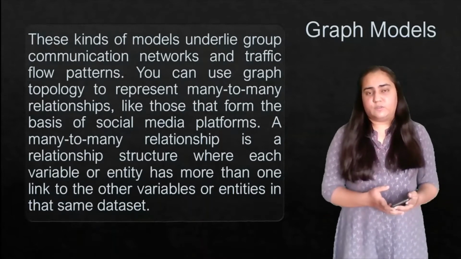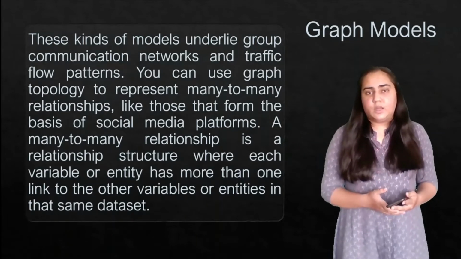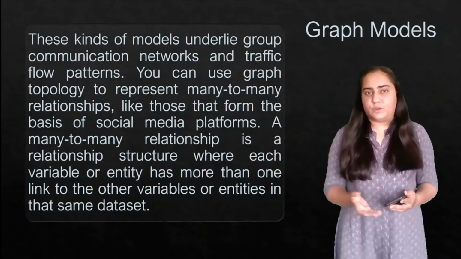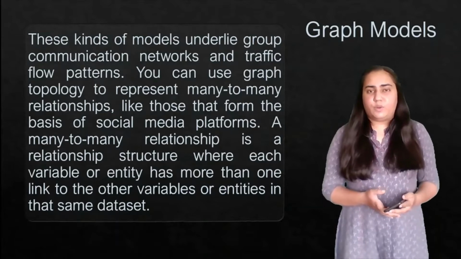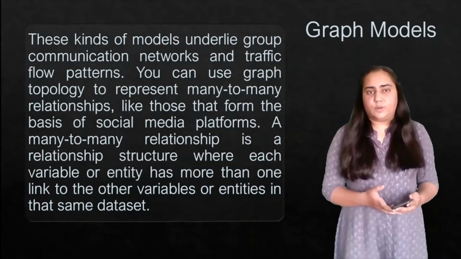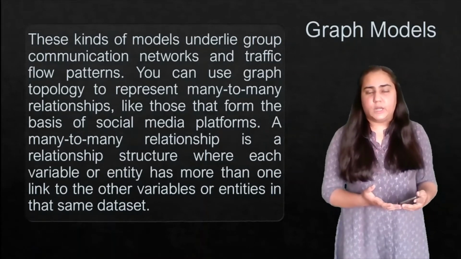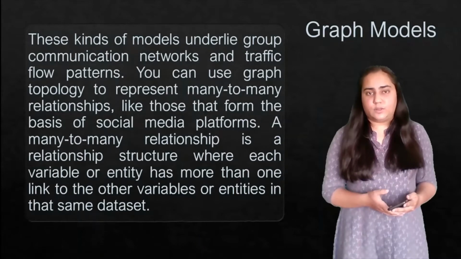You have many friends on Facebook, so it's a many-to-many type of structure. And to show that type of structure, you would use a graph model. You would also use it to show communication networks where one router is connected with another one, and even traffic flow patterns, how data moves around through the network.